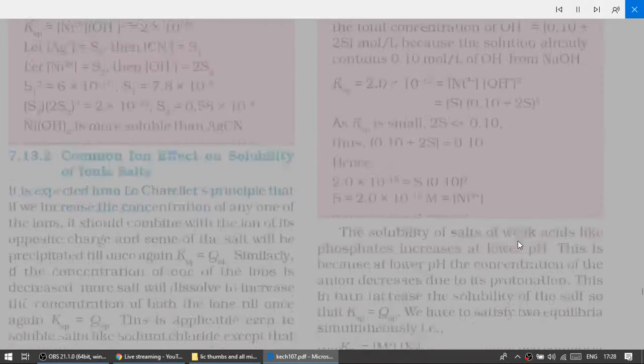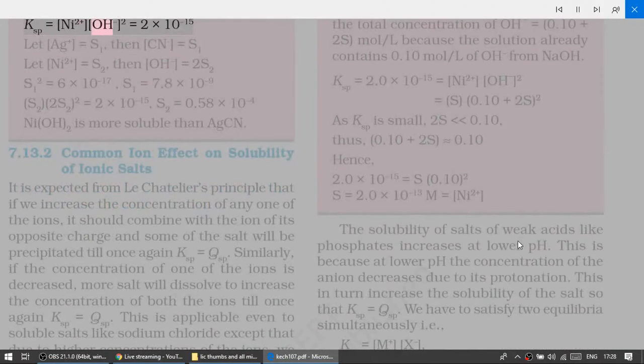Ni(OH)2 ⇌ Ni^2+ + 2OH−, Ksp = [Ni^2+][OH−]^2 = 2 times 10^−15. Let [Ag+] = S1, then [CN−] = S1. Let [Ni^2+] = S2, then [OH−] = 2S2. S1^2 = 6 times 10^−17, so S1 = 7.8 times 10^−9. (S2)(2S2)^2 = 2 times 10^−15, so S2 = 0.58 times 10^−4. Ni(OH)2 is more soluble than AgCN.